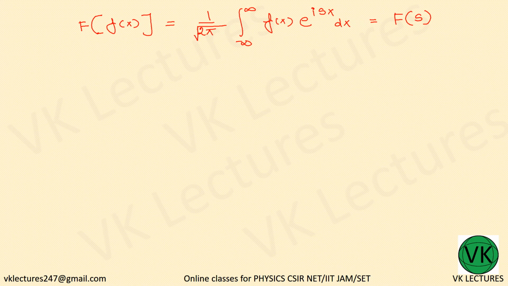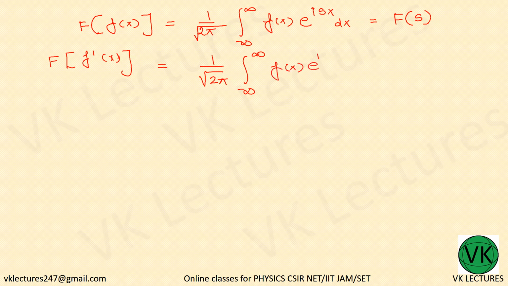Now if you want to find out the Fourier transform of the first derivative of the function, f dash of x, this will be equal to 1 divided by root of 2 pi integral from minus infinity to plus infinity f of x e to the power isx dx with a minus is in the front.